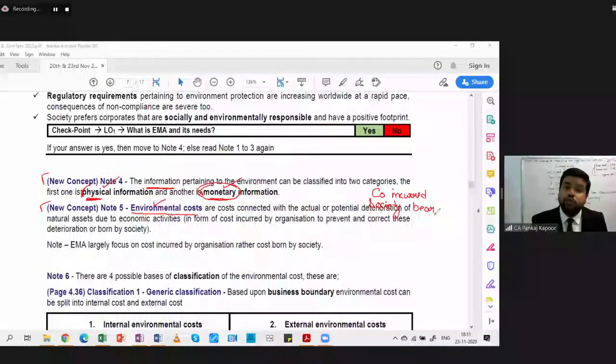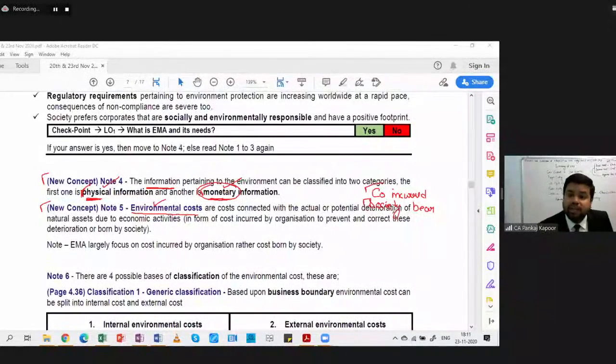Obviously, they need to bear the health expenditure. Similarly, friends, the government also needs to clean the rivers, like the Namami Gange mission. Then it means sometimes due to the decision of the company, the company bears the cost, and sometimes due to the decision of the company, the society bears the cost.